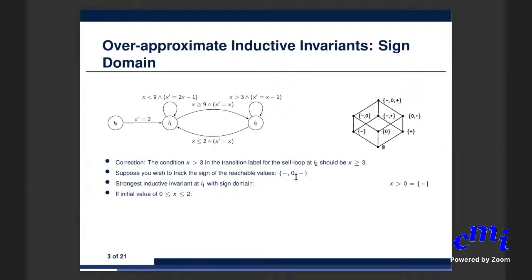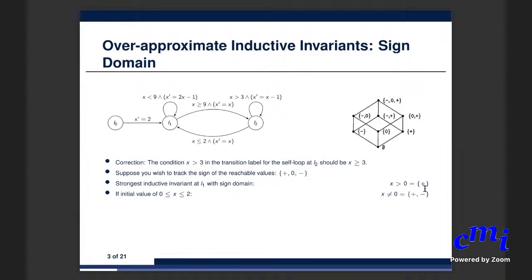So if the initial value that x can have is 2, then you can see that x can never be 0. I'm sorry, if x is equal to 2, it is always positive. It can never be negative.